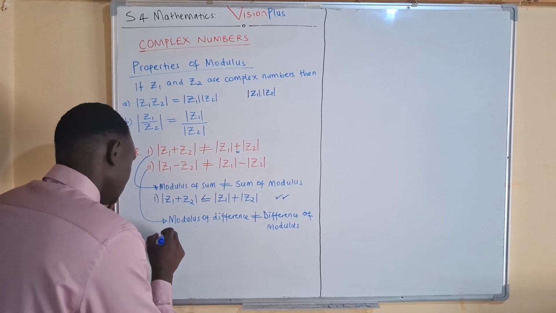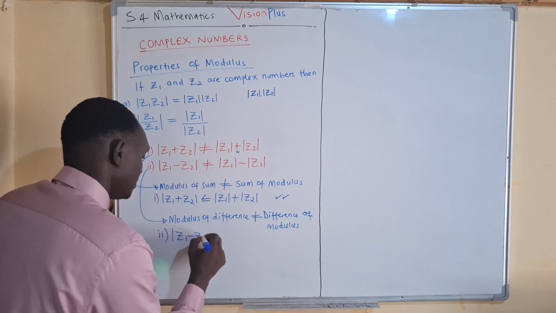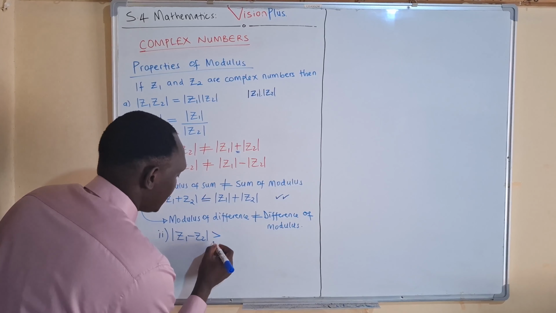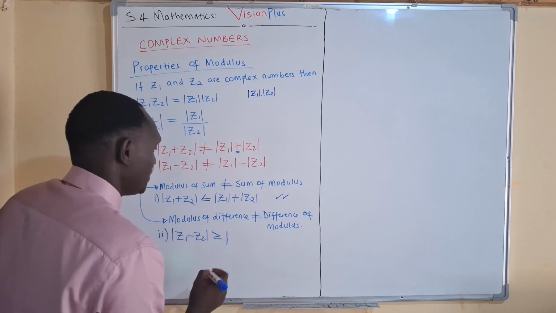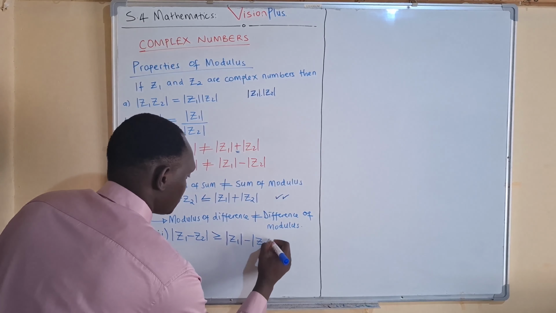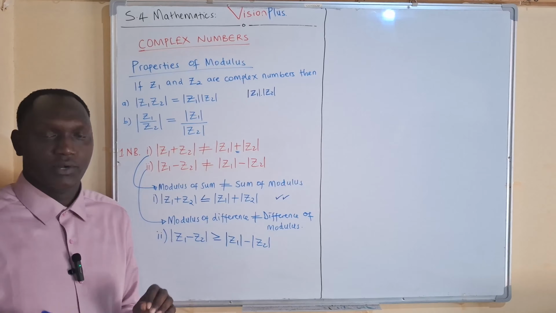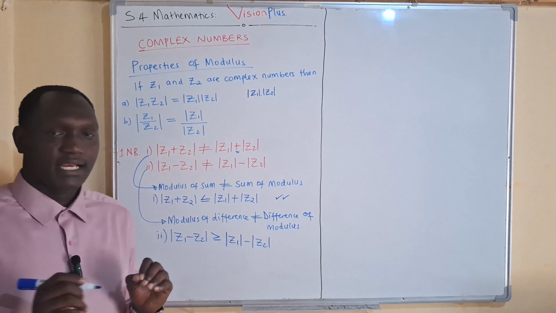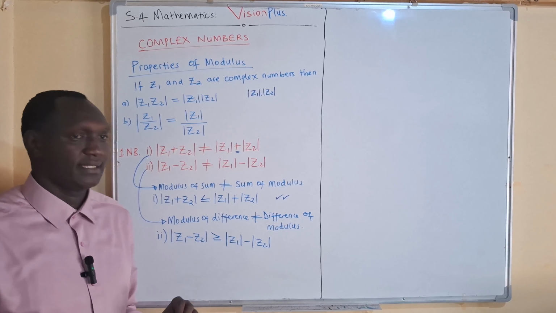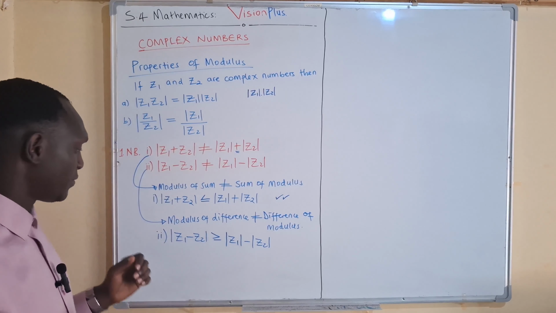For Roman 2, the magnitude of Z1 minus Z2, the modulus of the difference, is always bigger than or equal to the difference of the modulus, which is the magnitude of Z1 minus the magnitude of Z2.